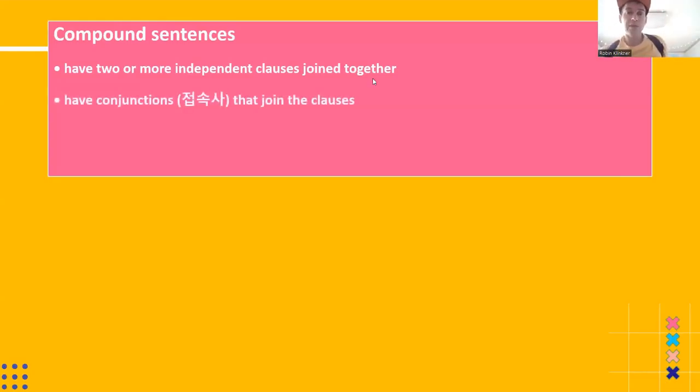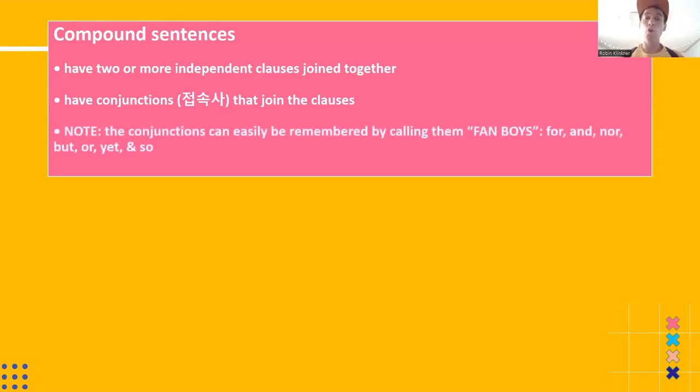And it uses conjunctions that join the 2 complete thoughts, the 2 independent clauses, and these are called coordinating conjunctions. There are 7 of these conjunctions. One way to remember these conjunctions is think about fanboys.